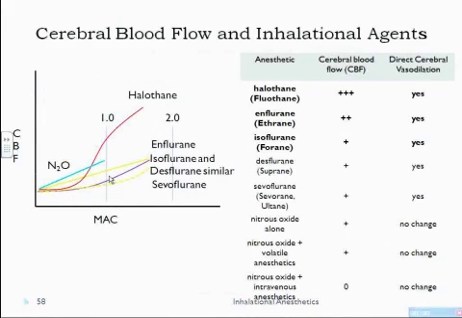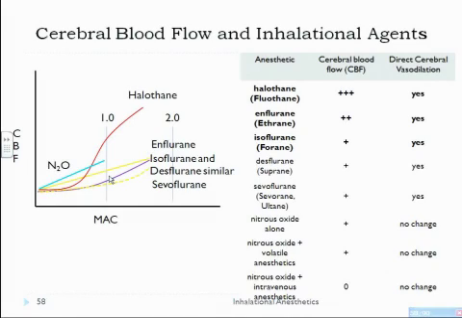What I want you to look at in this graph is an example of the different volatile anesthetics that we presently have in use. If you look at it carefully, all the agents increase cerebral blood flow. Halothane has the most predictable increase in cerebral blood flow, and as a consequence will increase your intracranial pressure most rapidly, followed by nitrous oxide, which when used by itself will also cause some effects.